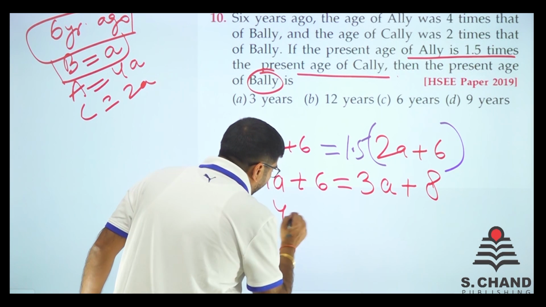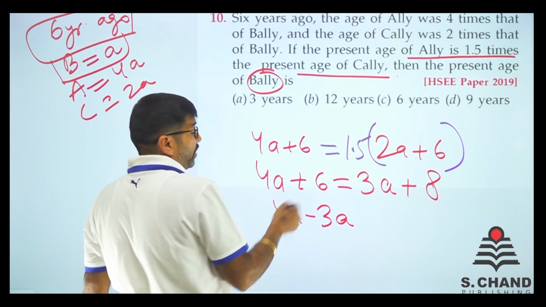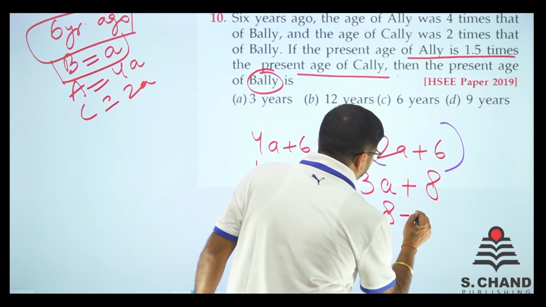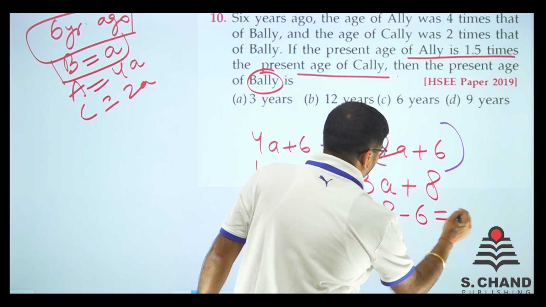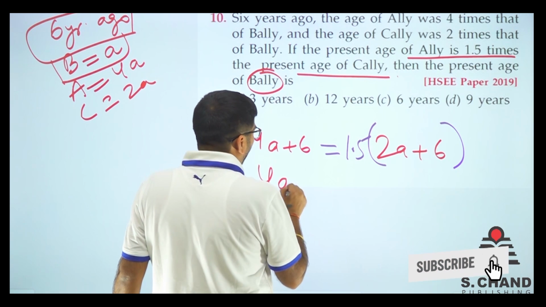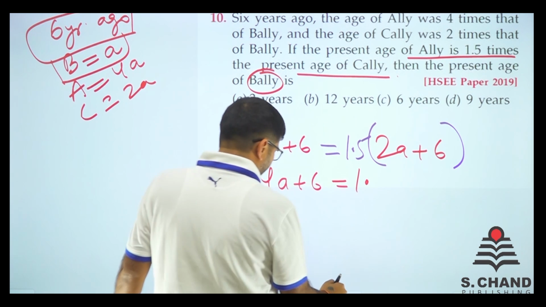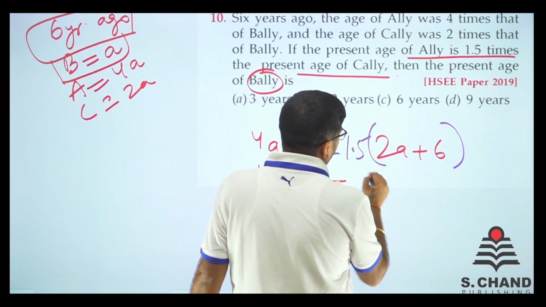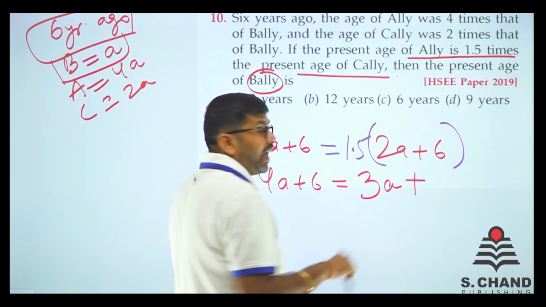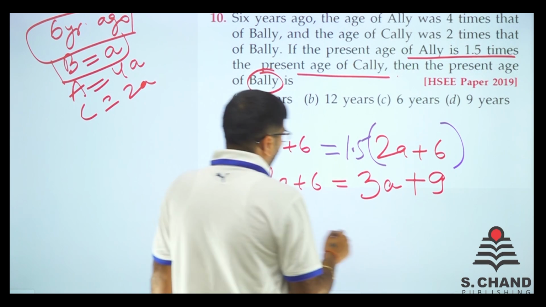Now, 4A minus 3A, because this 3A comes here with minus 3A, and 6 goes there in minus. So, 1.5 of 2A is 3A, half of 6 is 3, and if we add 6 plus 3, it becomes 9.